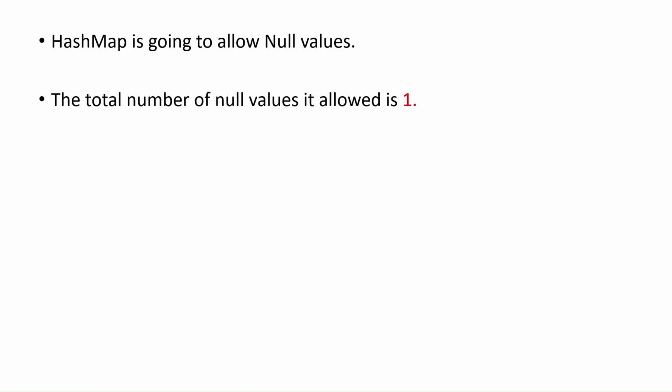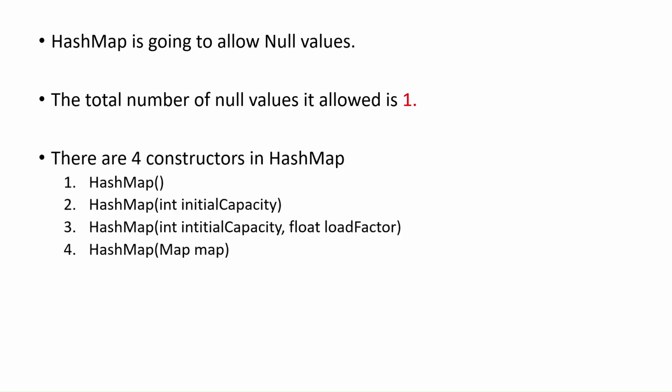Now let us discuss a few things regarding HashMap. A HashMap allows null values, but the number of null values it allows is only one. And the next thing, the HashMap has four types of constructors.